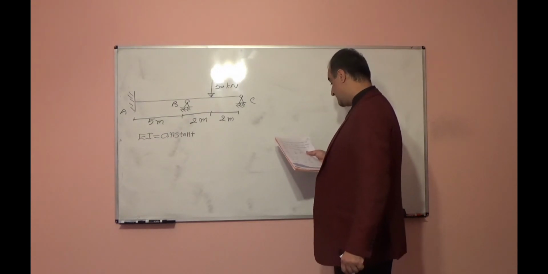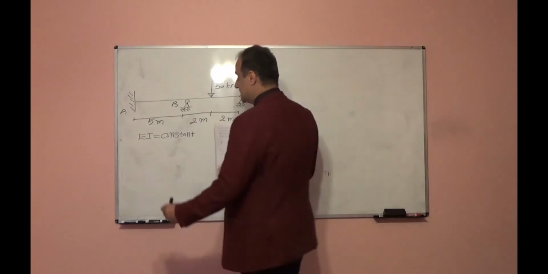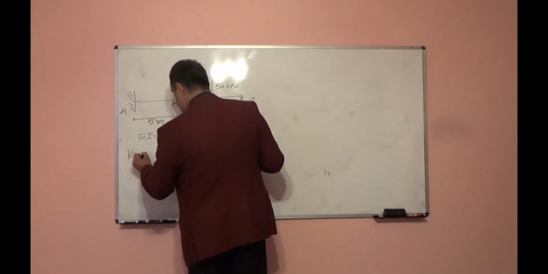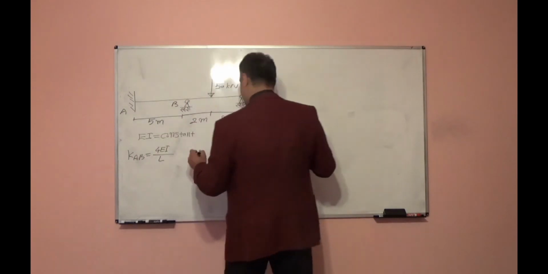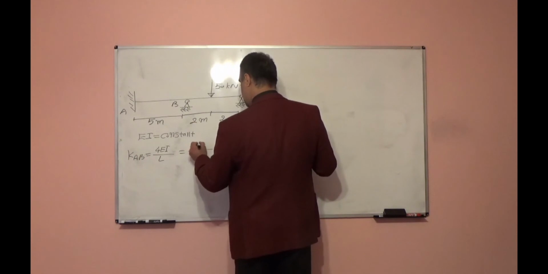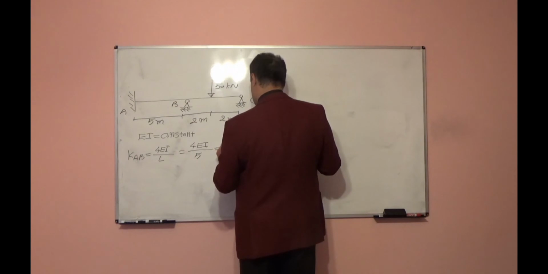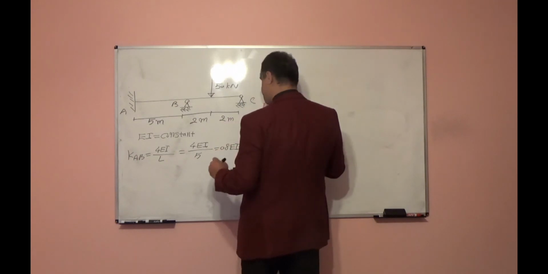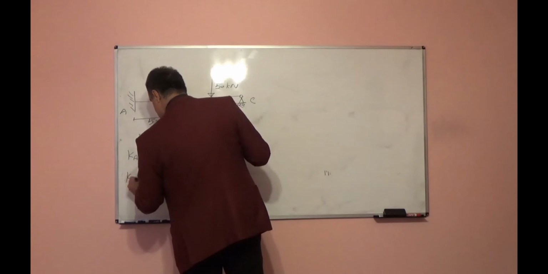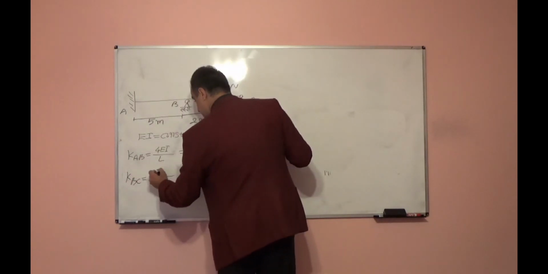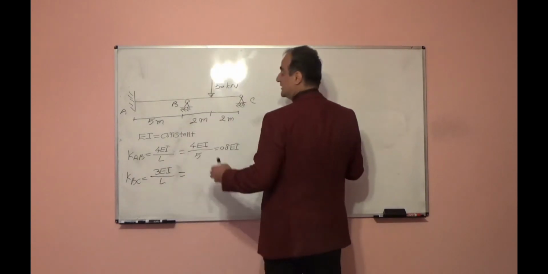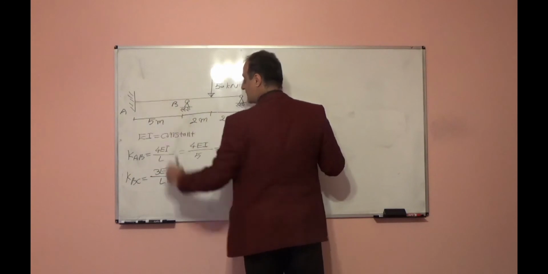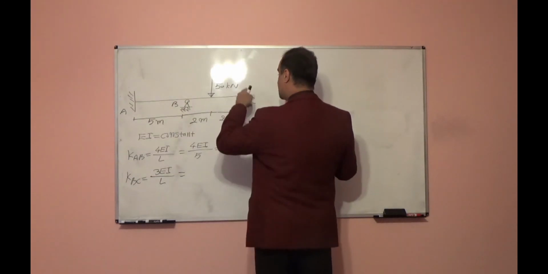Let's see how we can solve it. First we will calculate the stiffness for each member. KAB will be 4EI over L, that will be 4EI divided by 5, that will be 0.8 EI. KBC will be 3EI over L, because you see here in KAB the far end is fixed, in KBC the far end is hinged.